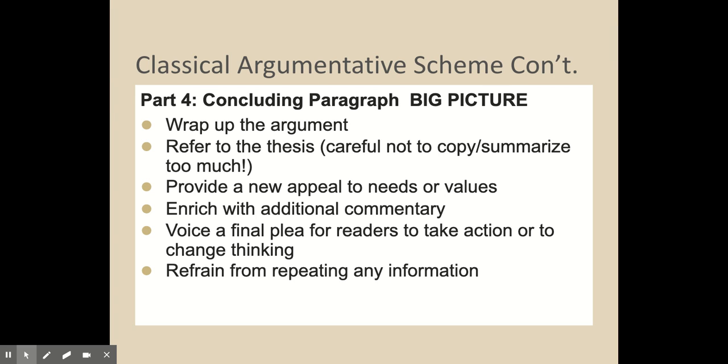But do not repeat information that came into the paper earlier. A summary conclusion should only be used for very large papers where the reader might forget what the paper said from the beginning to the end, like maybe a doctoral thesis or a master's thesis that you might write later on. These are very short papers, so you definitely don't need a summary conclusion.